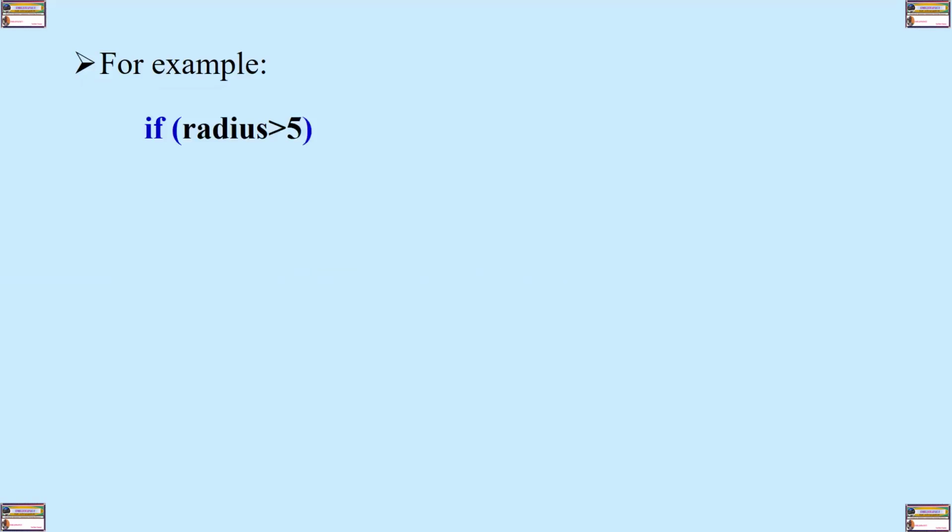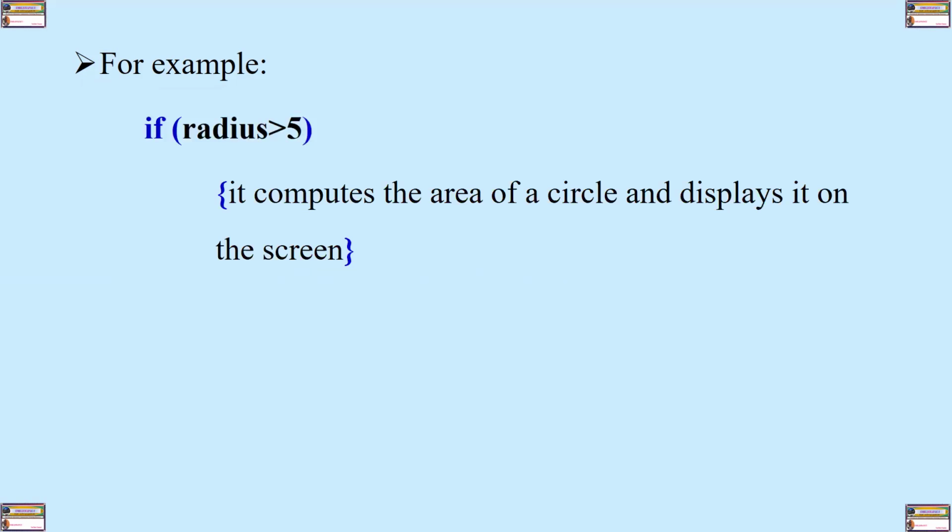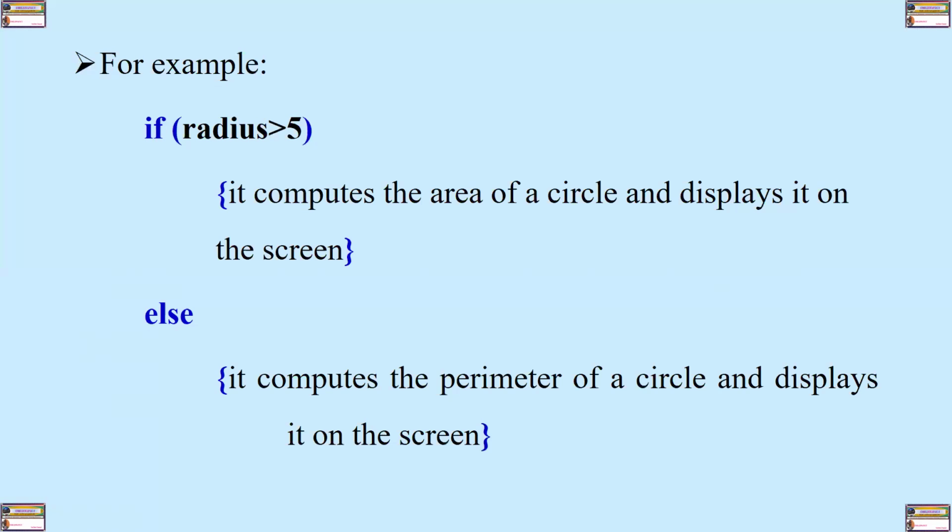So an example is if radius is more than 5. If the radius is more than 5, it will compute the area of a circle and display it on the screen. What about if the condition is false? If what has been entered is found to be less than 5, then its perimeter will be computed and also displayed.